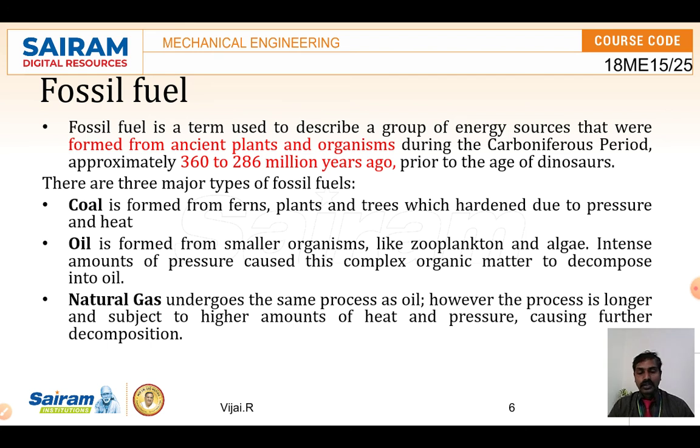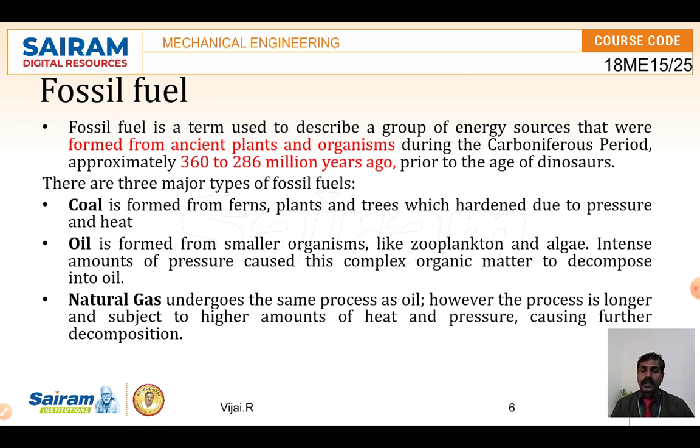So due to the pressure and temperature inside the earth, the plants, animals and organisms which got buried became hardened, and due to the pressure, coal is formed. Oil is formed from plankton, zooplankton and algae-like organisms; due to the pressure, the organic complex matter decomposed into oil.